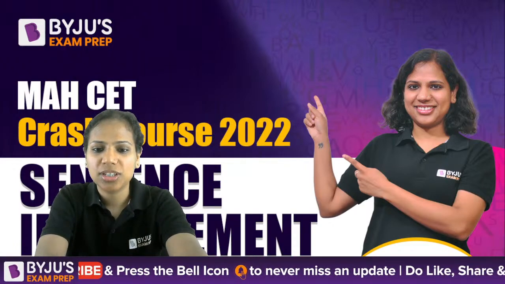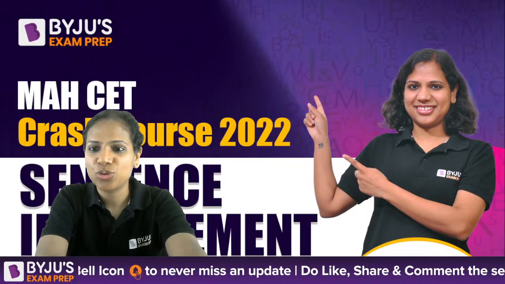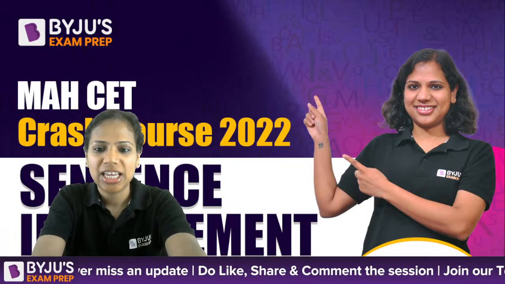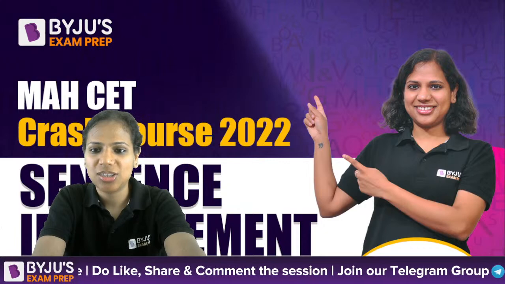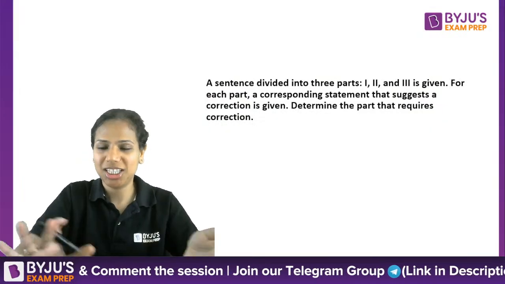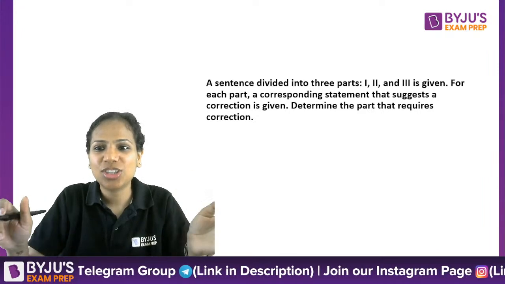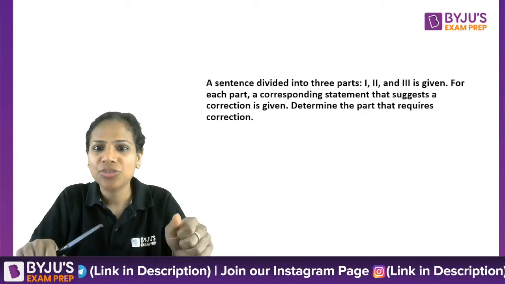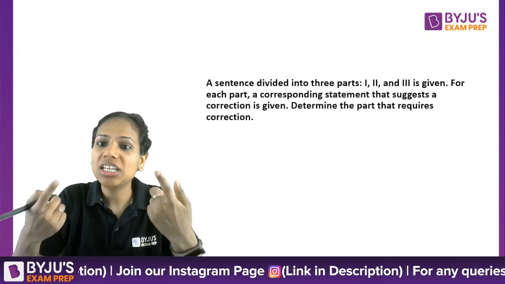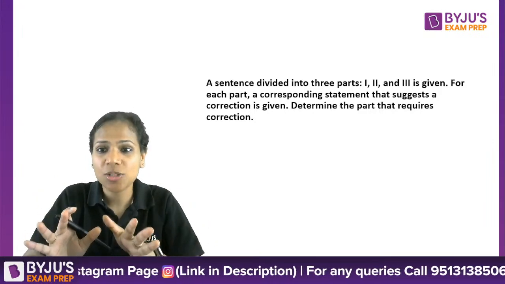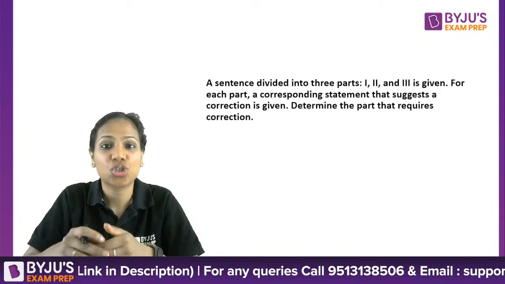Okay, so let's begin. Good afternoon, all of you who've just joined. Here is the first question on your screen after the directions, of course. The sentence is divided into three parts, 1, 2, and 3. For each part, there is a corresponding statement that suggests a correction.